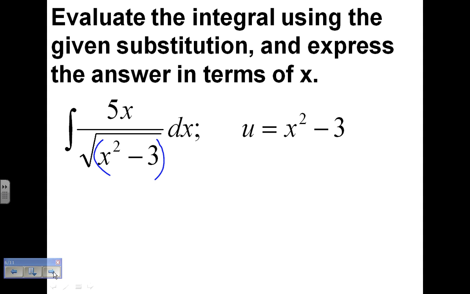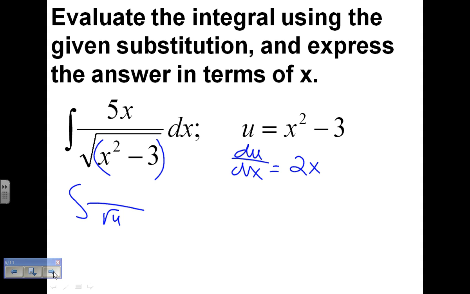Okay. All right, so back in the back. Kyle, what's the derivative of, well, first of all, I have the square root of u. Oh, sorry, Kyle. What is the derivative of x squared minus 3? 2x. Okay, so I have du dx equals 2x.